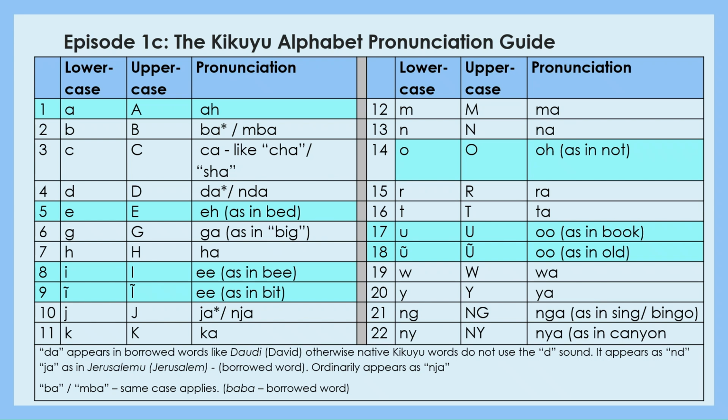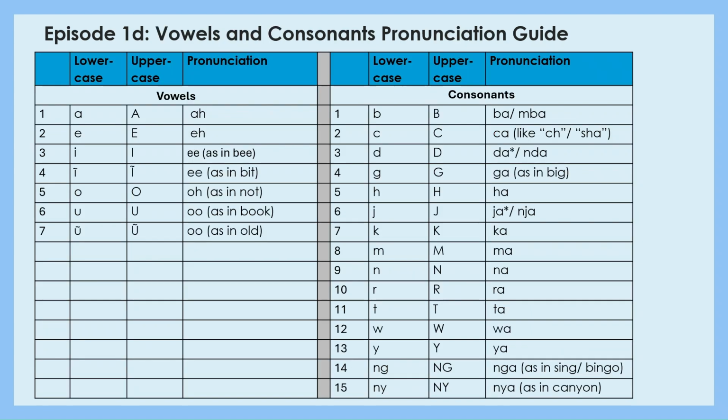Now you have the complete sound system of Gikuyu at your fingertips, and from this point forward, every new word you learn is simply a combination of these 20 plus, of course, the special combination sounds.